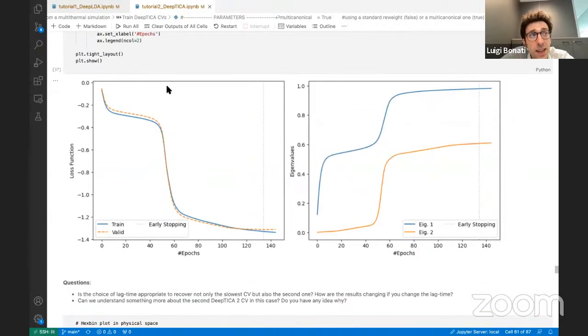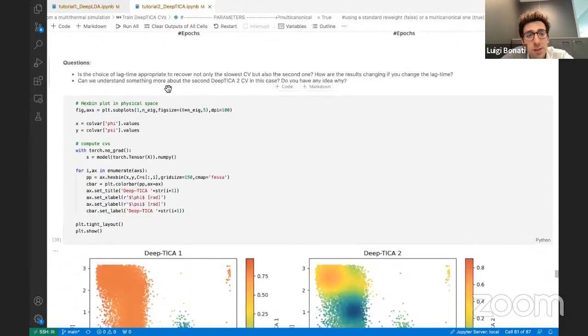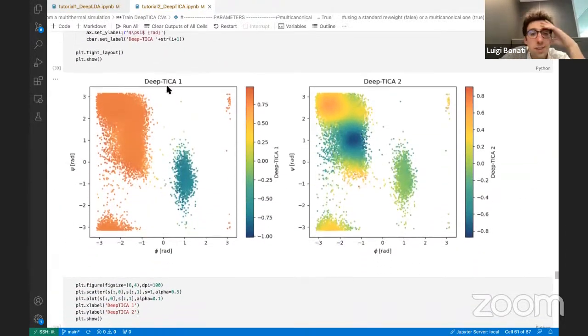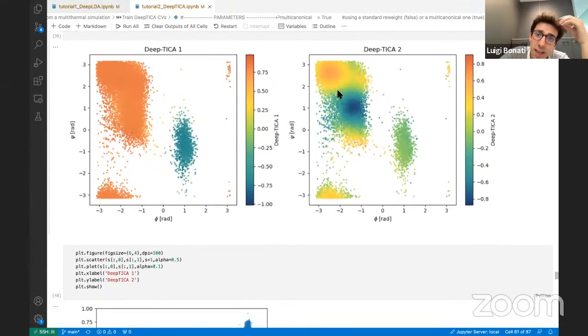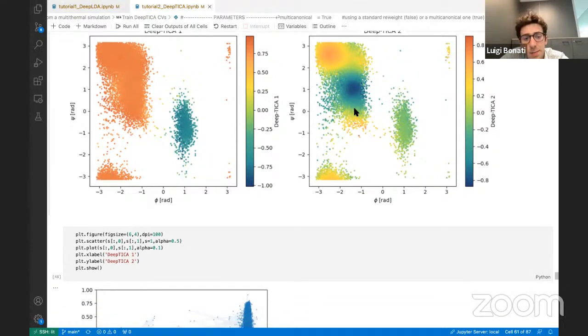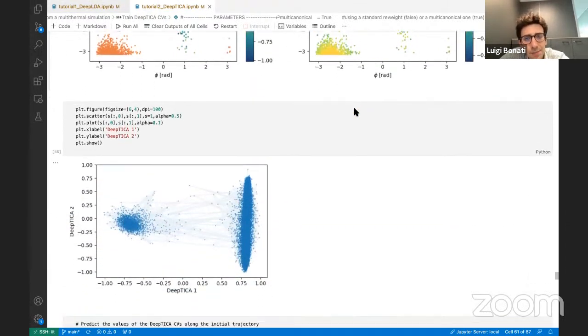We fit directly two eigenvalues, which we can try to understand, and here we see immediately that there is a strong signal also on the second eigenvector. We can immediately understand that while the deep Theta1 is related to the transition from one state to the other, the deep Theta2 is describing the transition between the two substates that compose state A in the case of alanine peptide.